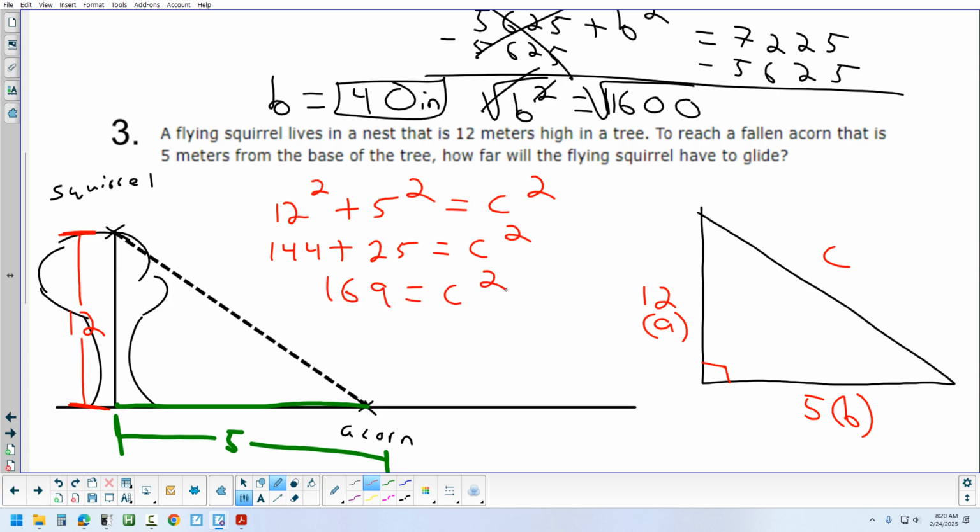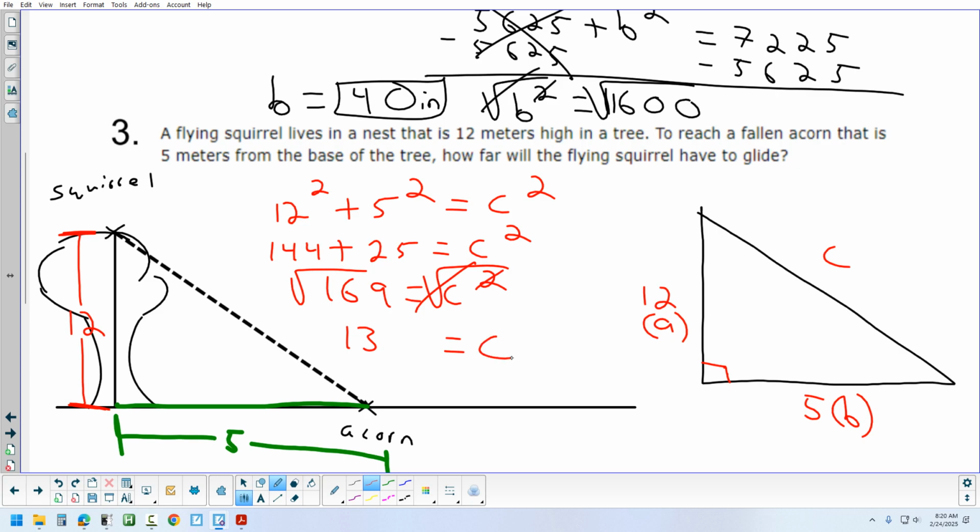And my last step to get rid of that exponent of 2 is to do what on both sides? Square root. Yep, I'm going to take the square root on both sides. Squaring and square rooting cancel. And that one does come out nice. Okay, 13 times 13 is 169.